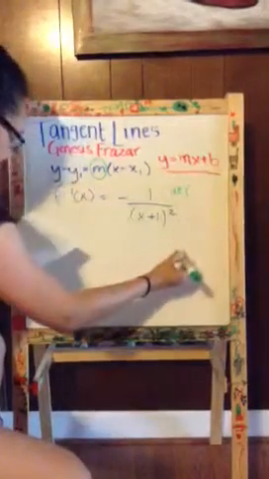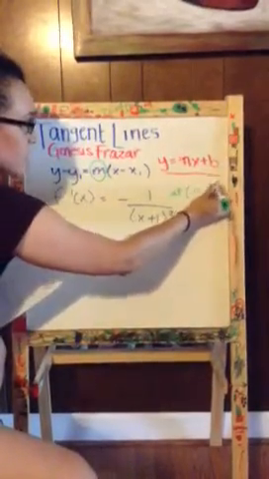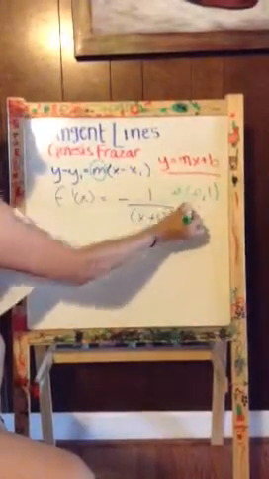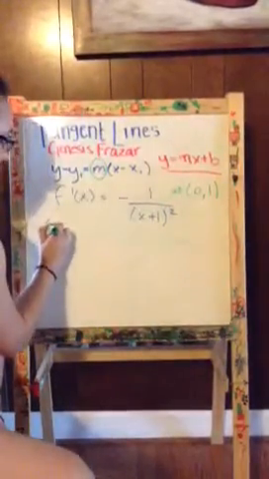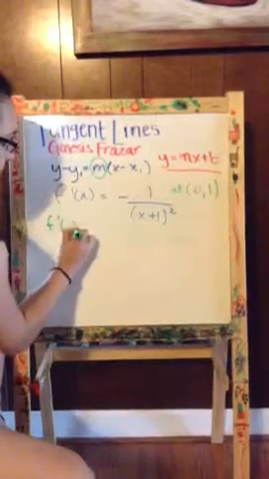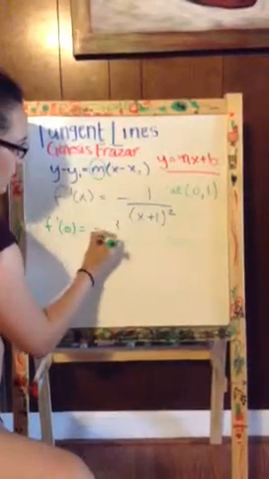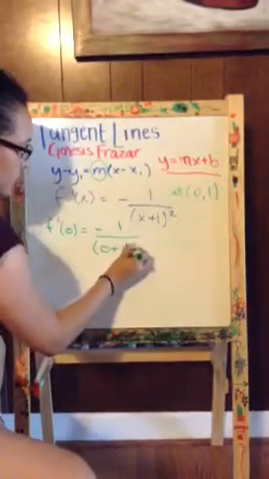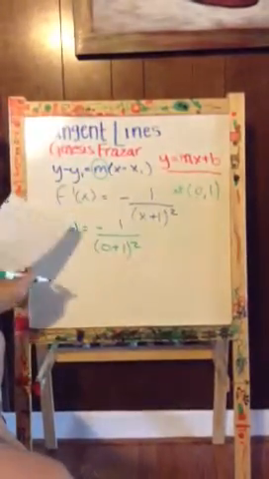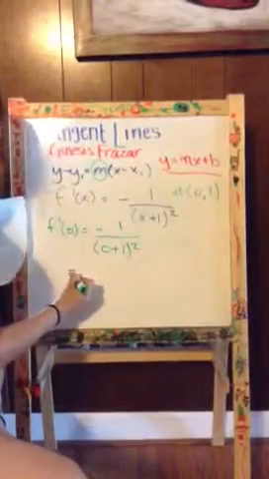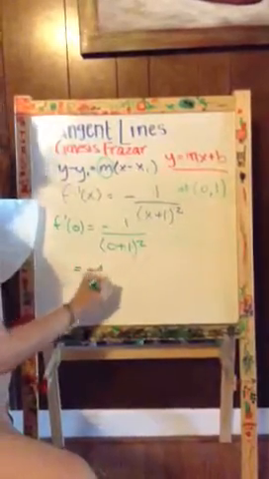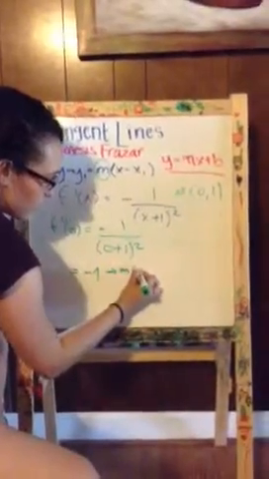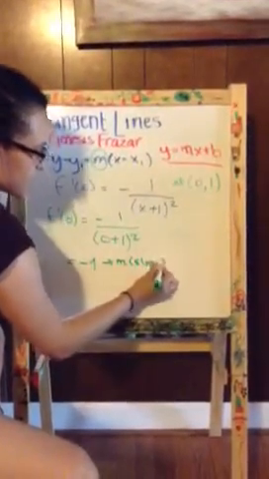We had it at 0, 1. We will plug in the x, which is 0. F prime of 0 equals negative 1 all over 0 plus 1 squared. So this will ultimately give you negative 1. And this is also your m, or also known as your slope.